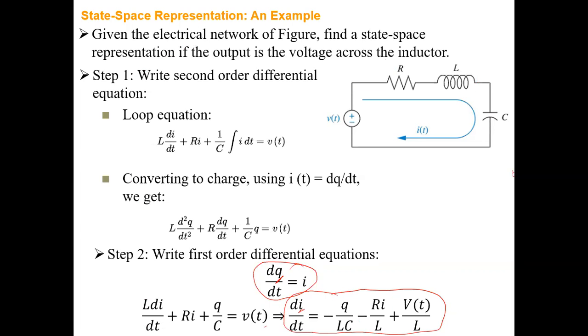Because one is the derivative of the other, right? I'm claiming that Q and I are the state variables, because I have two first order equations.